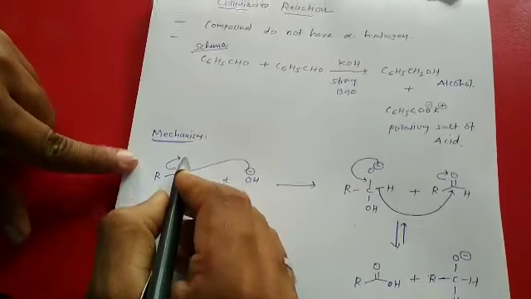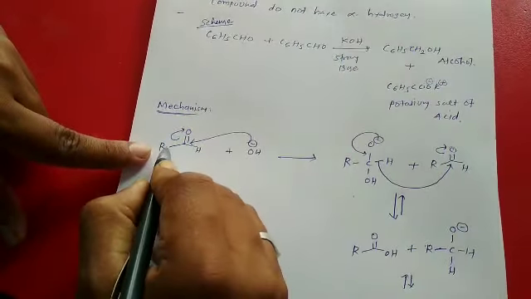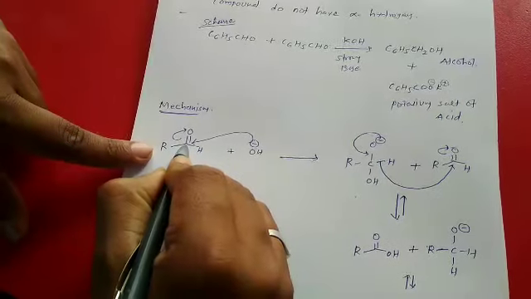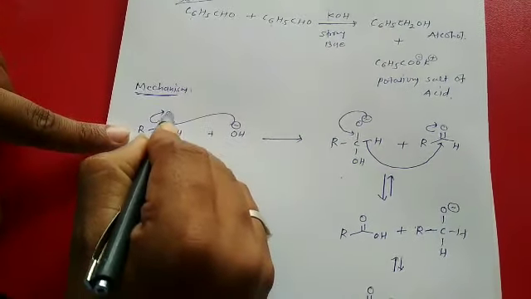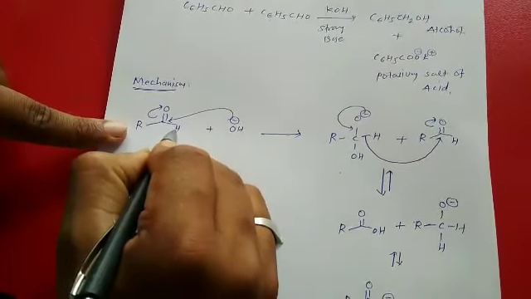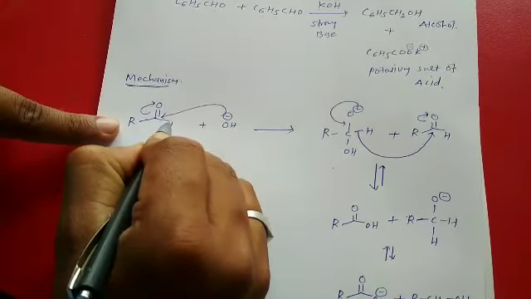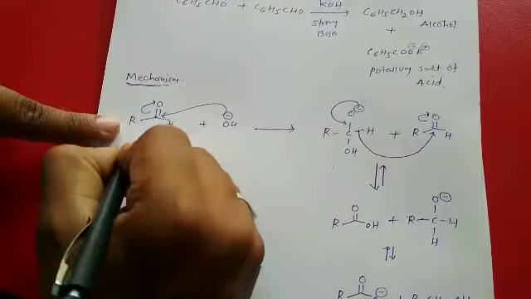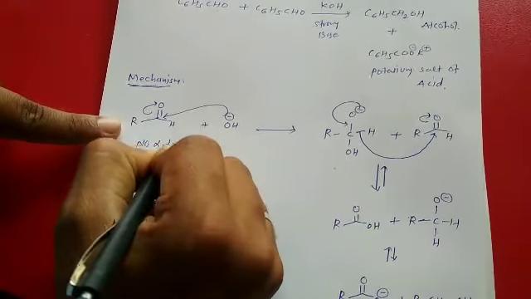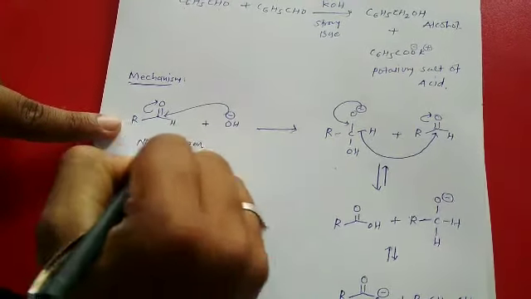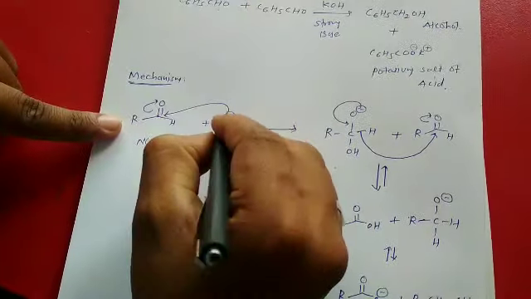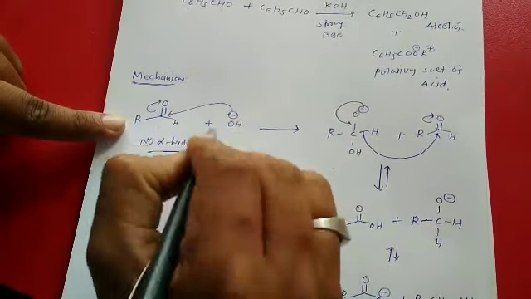And if we see the mechanism, you can see there is no alpha hydrogen. This is the carbonyl carbon and hydrogen is directly attached here. Since there is no carbon next to the carbonyl carbon, there is no alpha hydrogen. So in that case, this compound will undergo the Cannizzaro reaction.